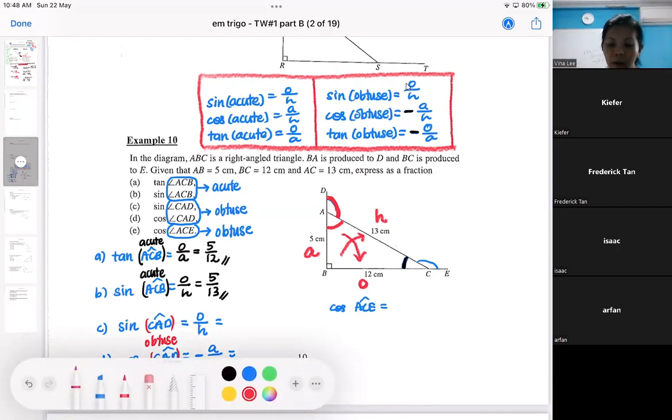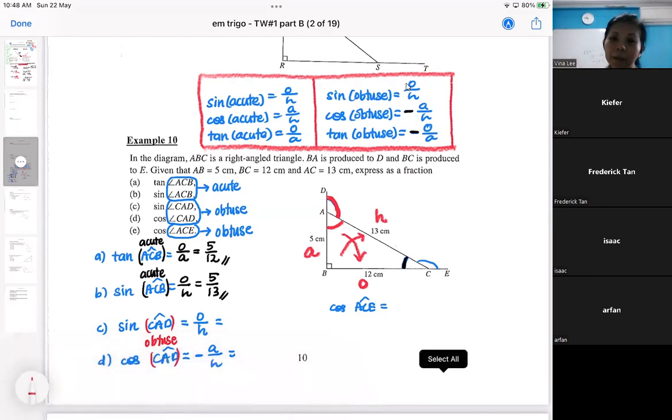That's why you just borrow from the neighbor. So it will get 12 over 13. No working, it's just identifying your OAH. Then the next one, I will get 5 over 13 with a negative.